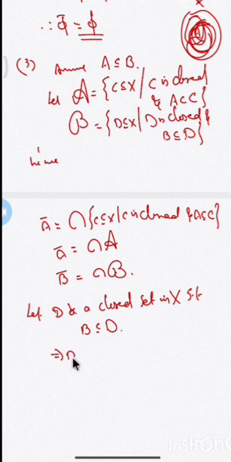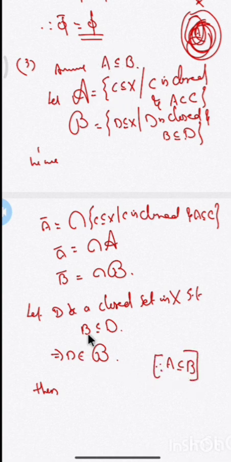It implies D is an element in script B. Correct? Script B consists of such elements. Okay. Then we have A is a set contained in B. This was our assumption to prove the statement. When A is contained in B and B is also contained in D, it implies A will be contained in D.